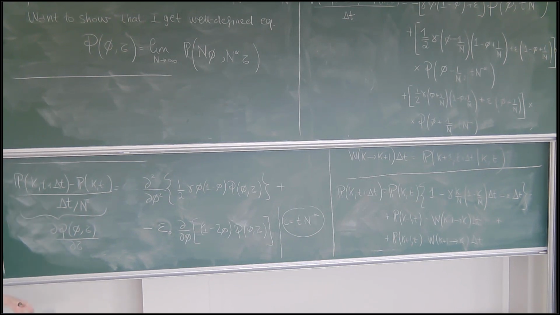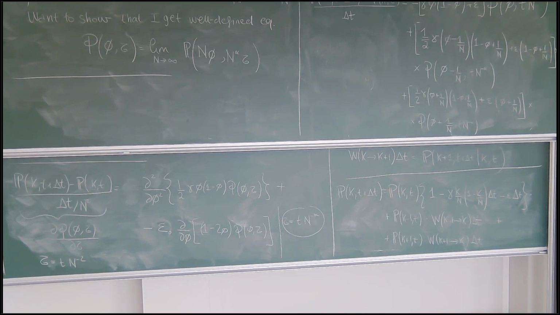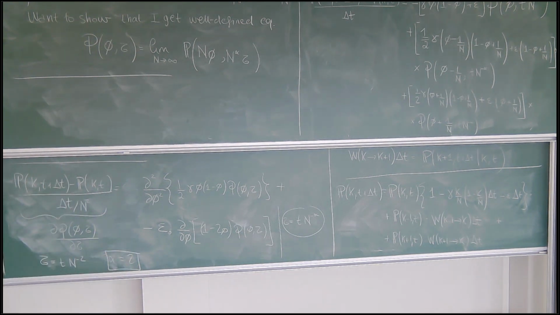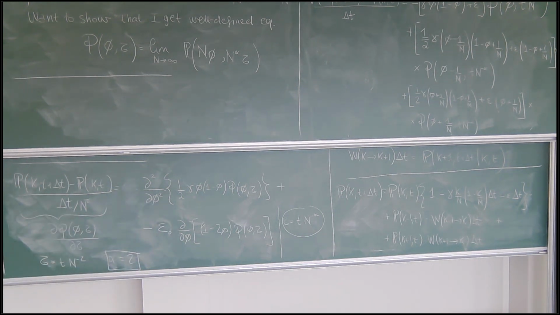So this is to say, if I rescale time, or if I introduce a variable of time tau, which is rescaled as t times n to the minus 2, which means that my alpha is equal to 2, then all of my scalings work correctly because I had a right-hand side which had this factor of n to the 2 globally. So I bring it on the left-hand side and I have this new factor of t over n squared, which I just define as tau, and then I reproduce on the left-hand side the derivative with respect to tau.